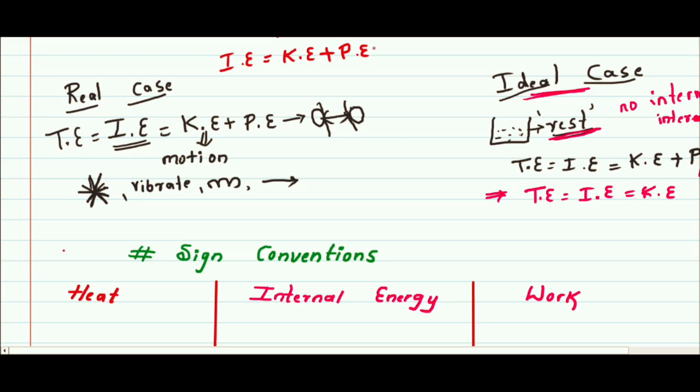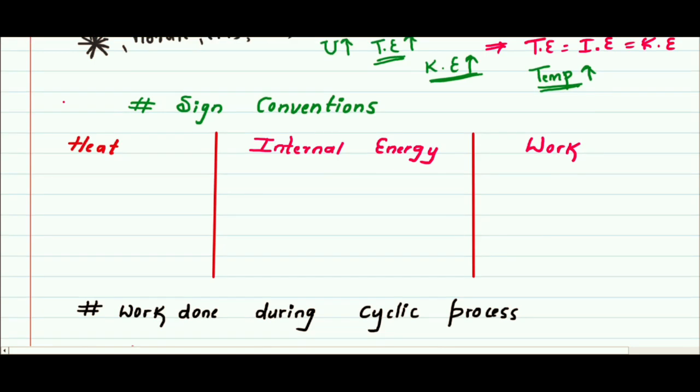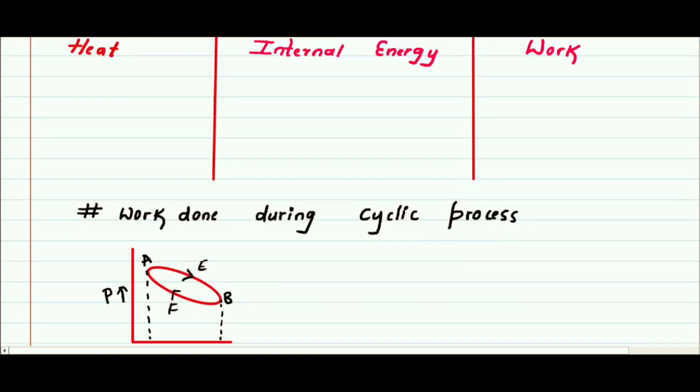One more thing to remember is that as the internal energy U increases, the total energy also increases. As the total energy increases, the kinetic energy is also increasing. As the kinetic energy increases, the temperature must also increase. Okay, so this is about internal energy. I hope the concept is clear for everyone.